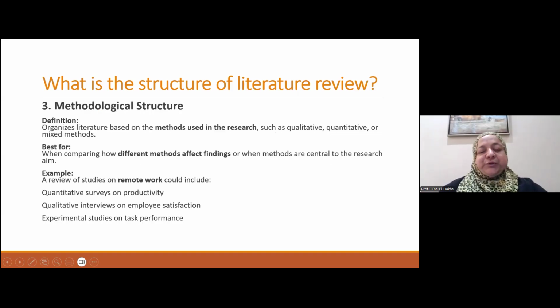In addition to the chronological and thematic methods, you can also have a methodological structure, in which you structure your literature review based on the methods used in the research. So, for example, if I'm doing a review of studies on remote work, maybe I can start with a heading on quantitative surveys on productivity, then qualitative interviews on employee satisfaction, and then finally experimental studies on task performance.